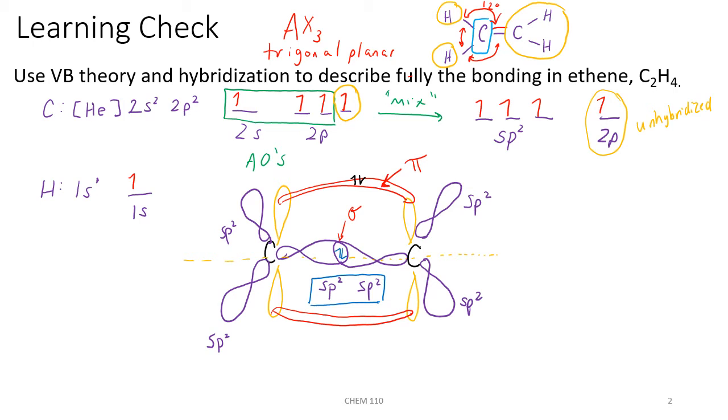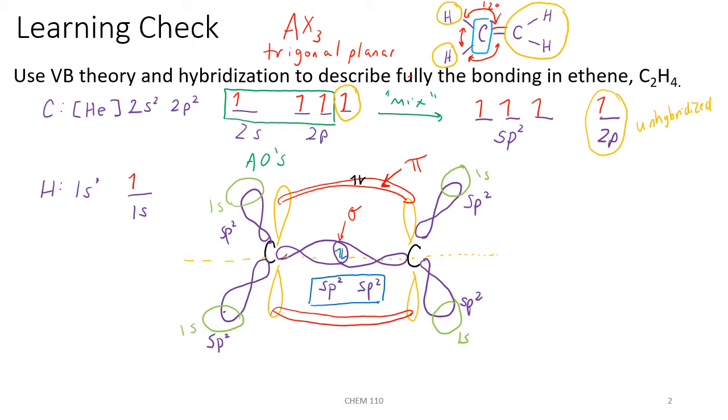And lastly, we want to show our hydrogens overlapping. So each hydrogen has a half-filled 1s orbital. So here's a 1s orbital on hydrogen, another 1s orbital. We have 4 hydrogens, so there's going to be 2 more over here, 1s and 1s. Those are overlapping directly in one location.